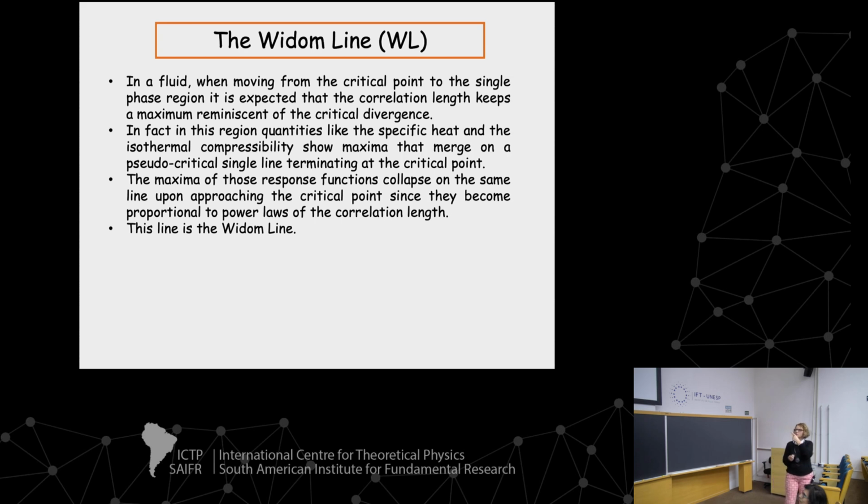In my Nature Communications paper, you will see I calculate them all and they converge, and you see the convergence for supercritical water, also in experiment. So they collapse because they start to become proportional to the power law of the correlation length, and this line to which they all collapse, the line of maxima of the correlation length, is the Widom line.